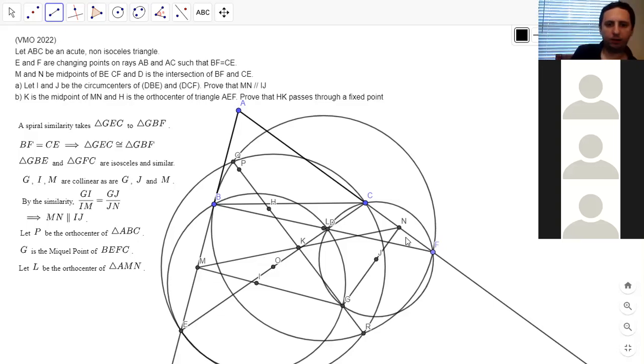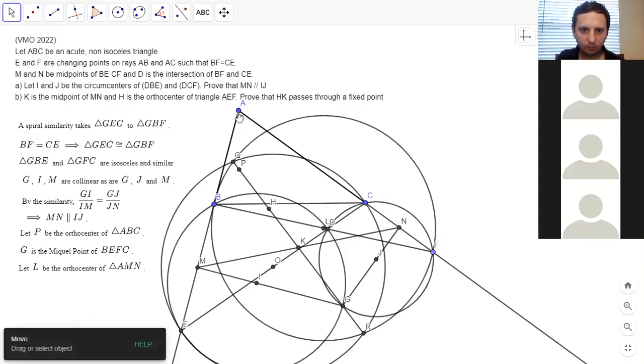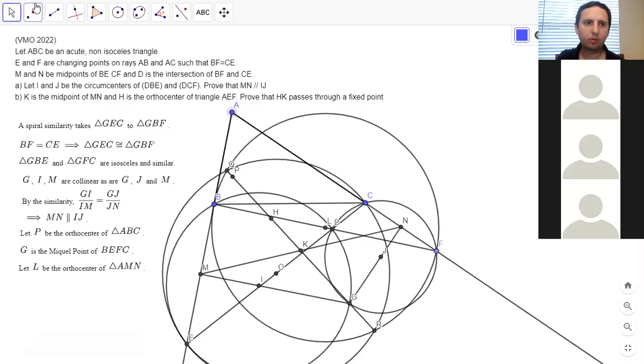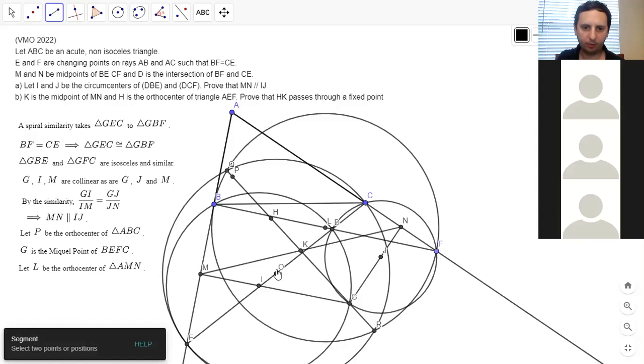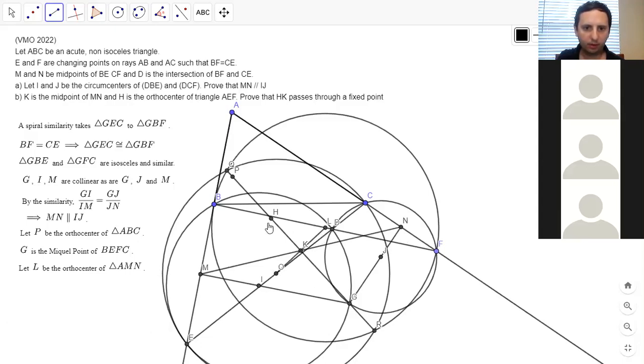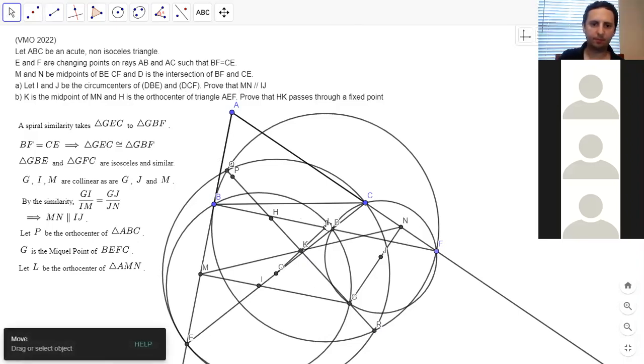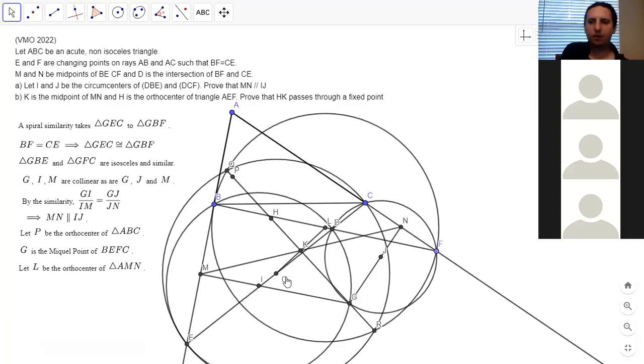So since K is the midpoint of OL, how does that show that K lies on that line? Because MOLN is a parallelogram. I understand that. So MOLN is a parallelogram, so K is the midpoint of OL, right? And then how do we use that to show that K lies on this line, or have you shown that yet?